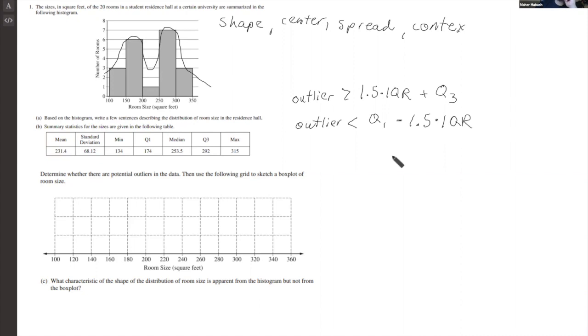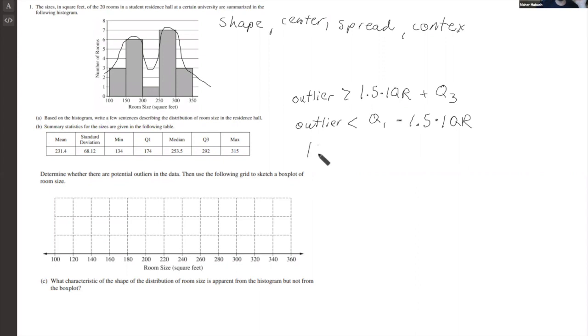If we're drawing a box plot, that's where our whiskers would end. And then we can put dots outside of them if there are any outliers. So we can go ahead and calculate that first. How do we calculate the IQR?